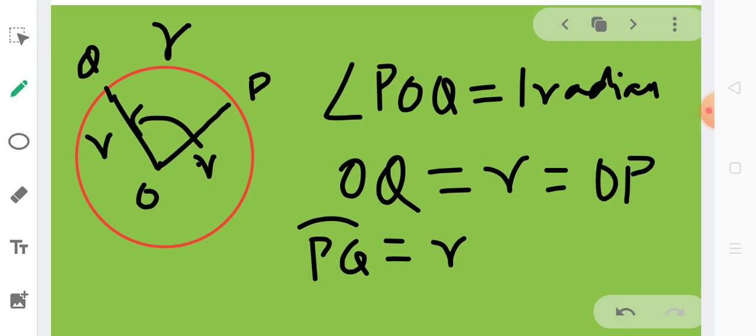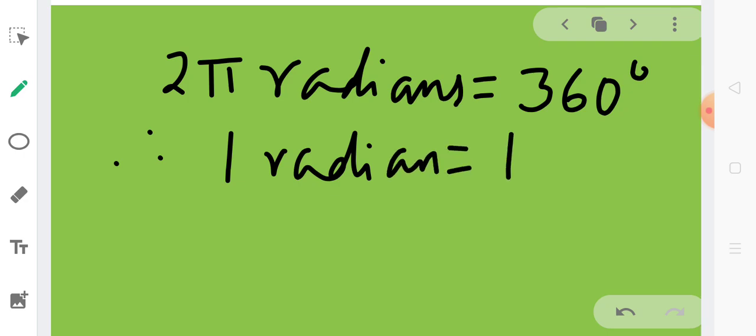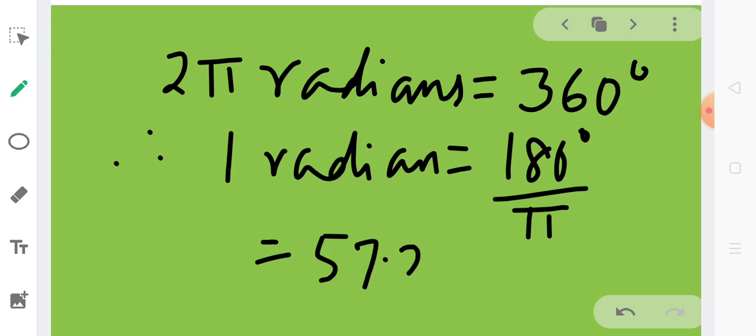After one complete rotation, the angle subtended should be equal to how much? 360 degree, and that is given by 2 pi. 2 pi radians is equal to 360 degree. Therefore, 1 radian should be equal to how much? It should be equal to 180 degree divided by pi, and that is equal to 57.27 degree. So 1 radian is equal to 57.27 degree.